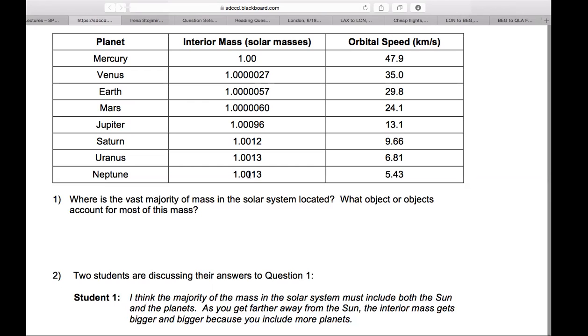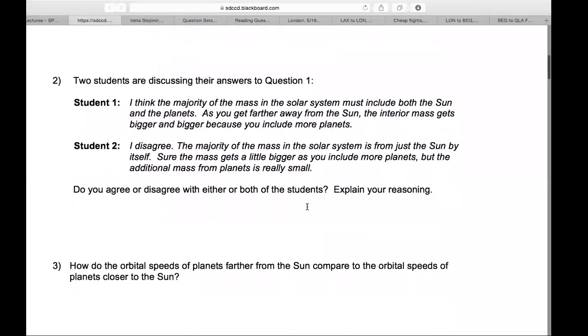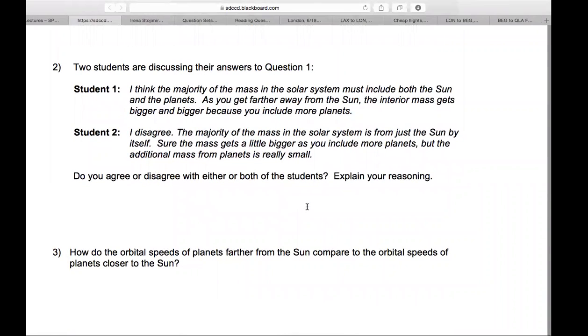Then in the second question, they ask whether you agree with the first student or the second. I agree with the second student. Good. The reasoning: the sun has the largest mass in the solar system and holds all the other objects in orbit and controls their motion with its gravitational force. So student 2 is correct.